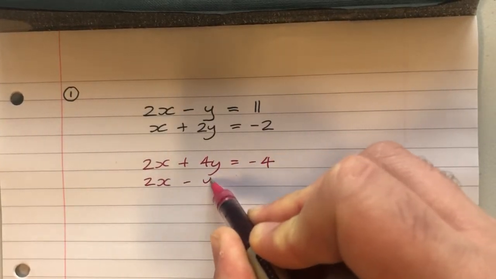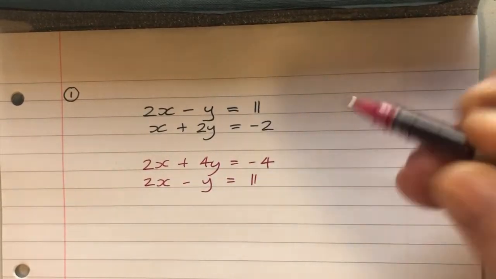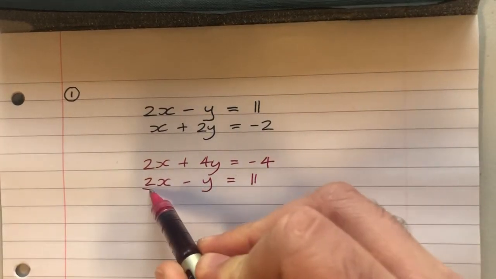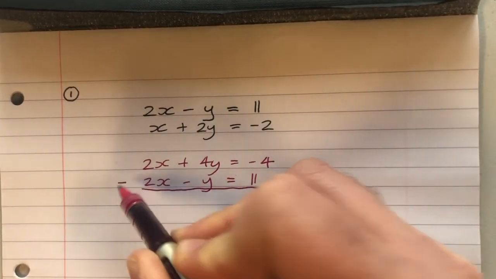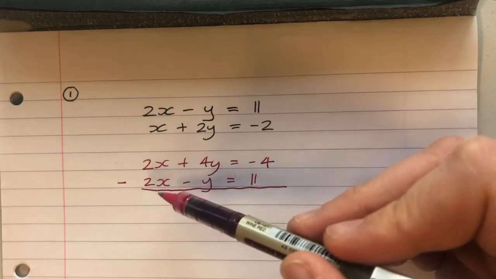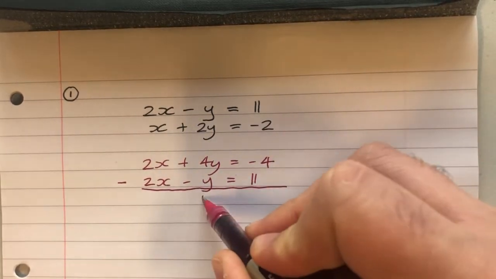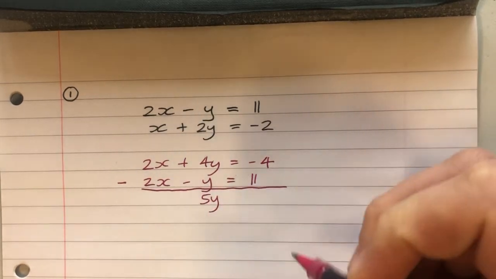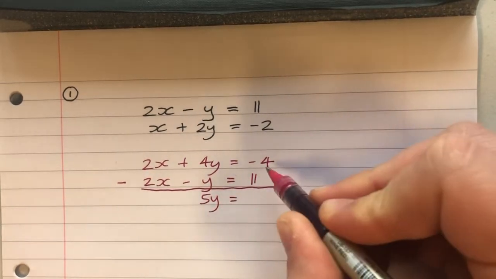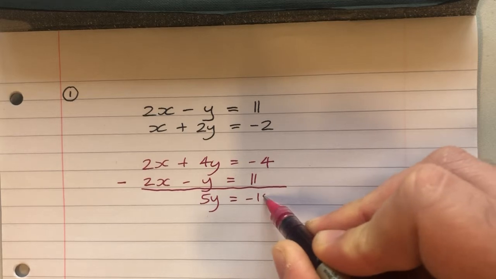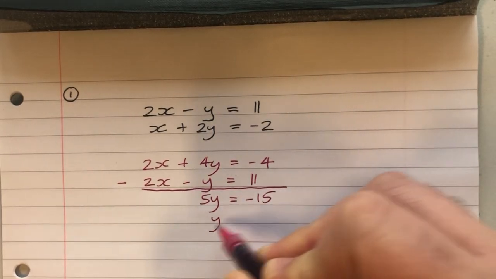So I'm just going to write this top equation down again. That's the top equation. And now if I subtract, the 2x minus 2x, well, they disappear. 4y minus minus y is 5y. Just be careful when you're subtracting negatives. And then minus 4 minus 11 is minus 15. Divide both sides by 5.